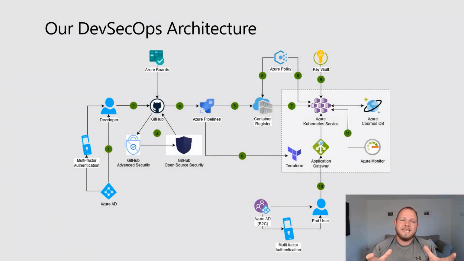So here is the DevSecOps solutions architecture that I've taken from the docs.microsoft.com site. This is basically demonstrating what we like to call the DevSecOps happy path. What that basically means is that you have got the minimum requirements really needed to say that you're really performing DevSecOps on your development lifecycle.